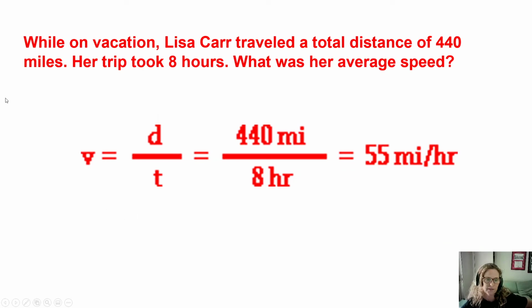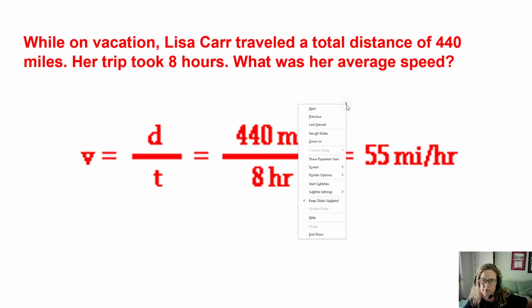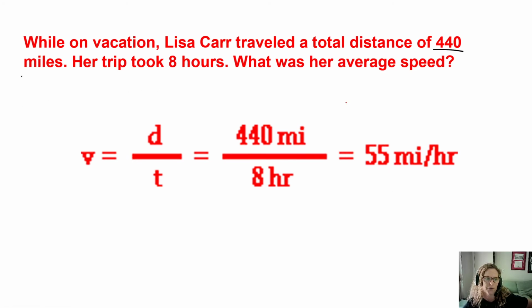So just to practice, this is all worked out for you just to have an example ready to go. So let's change colors so we can see it. So Lisa took a trip. She traveled 440 miles and it took her 8 hours. What was her average speed? So this is our formula. Speed is equal to the distance divided by the time.